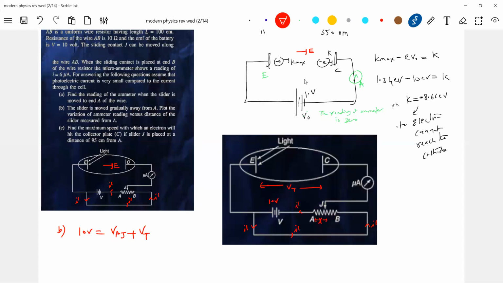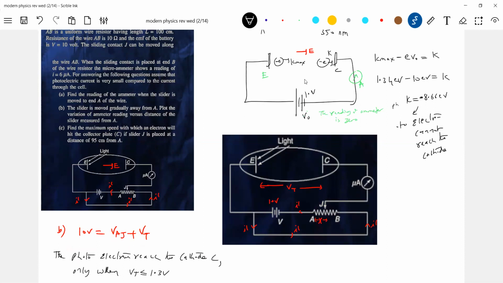The photoelectrons reach the cathode C only when VT is less than or equal to 1.3 volt.